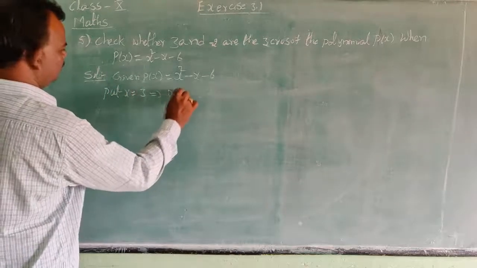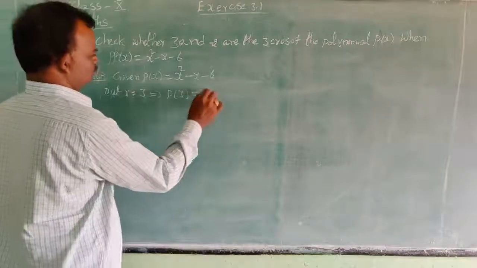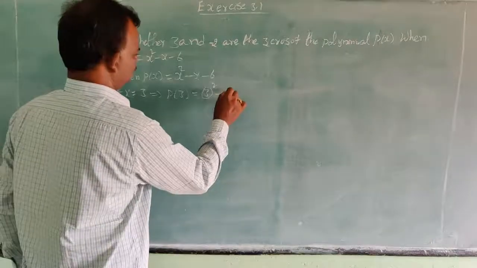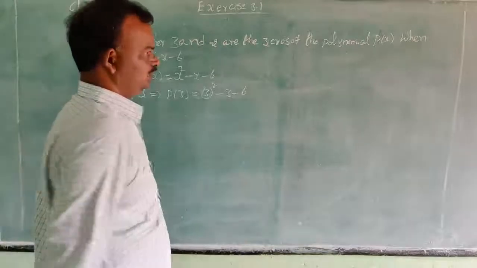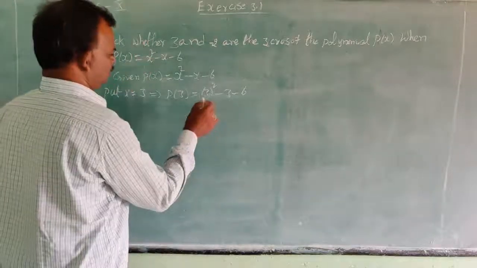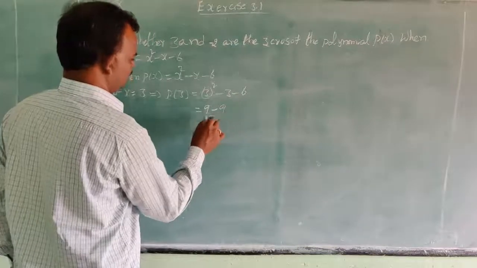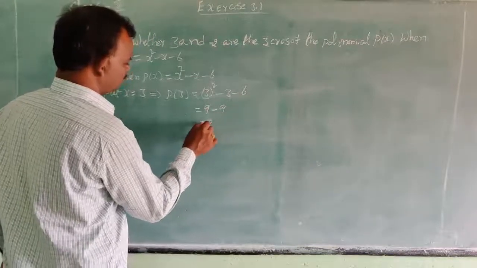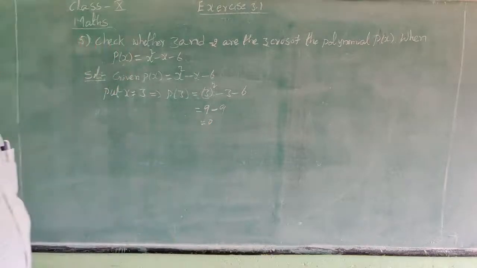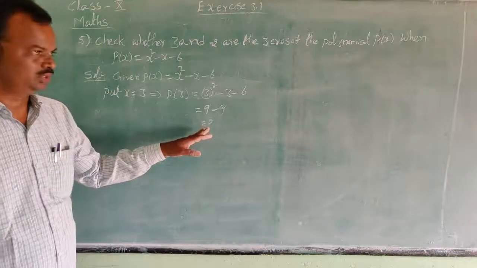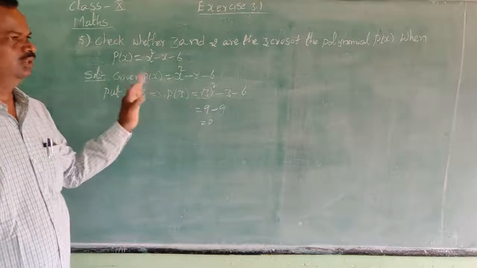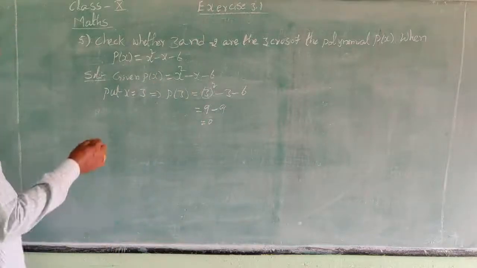That implies p of 3 is equal to 3 square minus 3 minus 6. That is equal to 3 3s are 9, minus 3 minus 6, minus 9, that is equal to 0. We are getting the value 0. So it is a 0 of the polynomial.